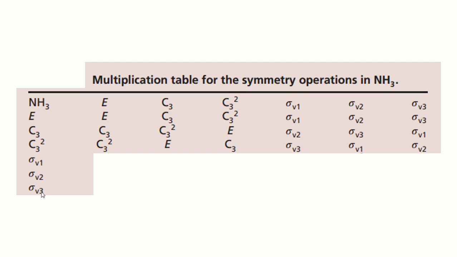First, when we combine sigma V3 with the identity, the resultant would be sigma V3, because whenever any operation is combined with the identity, the resultant is the same operation. In the next step, when we apply sigma V3 to the molecule and then C3, the resultant is sigma V2.